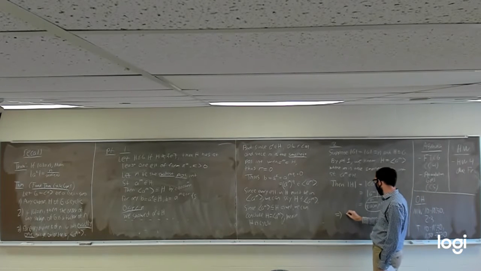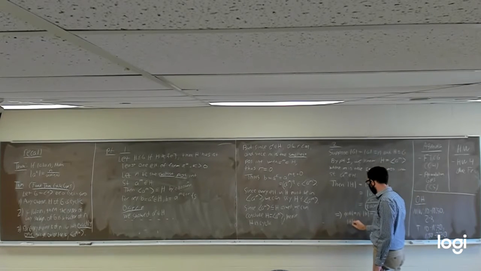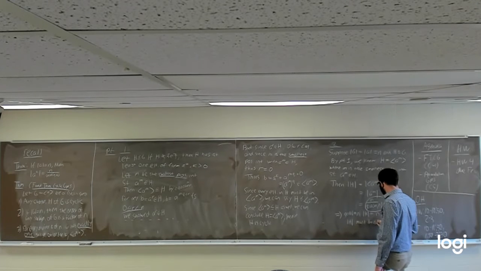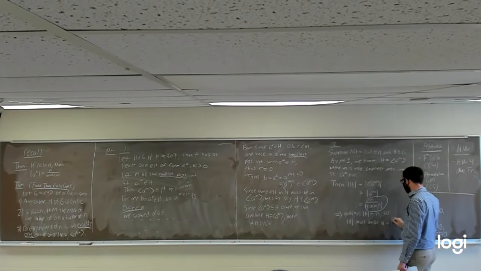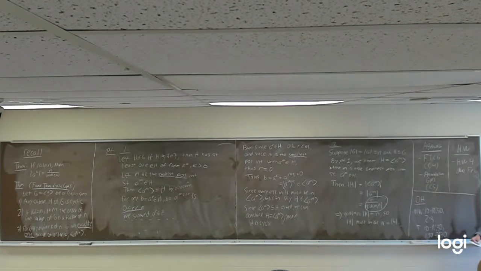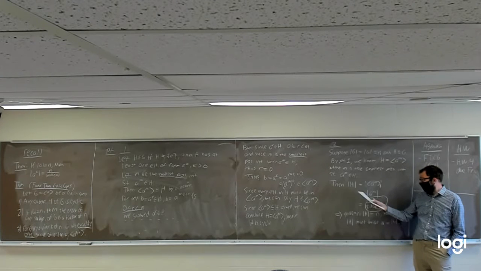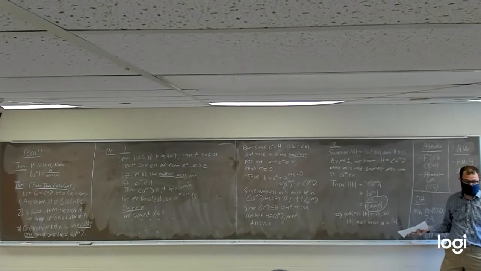That tells us that the GCD of m and n multiplied by the order of H is going to give us n. So the order of H must divide n, which is the order of G. And we are done with part 2, because we've shown that the order of H has to be a divisor of the order of the overall group.